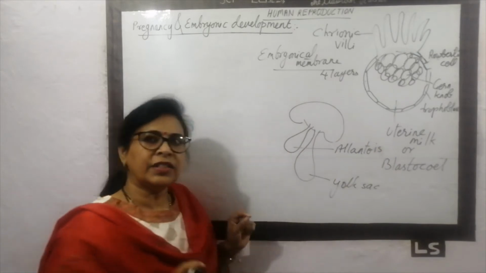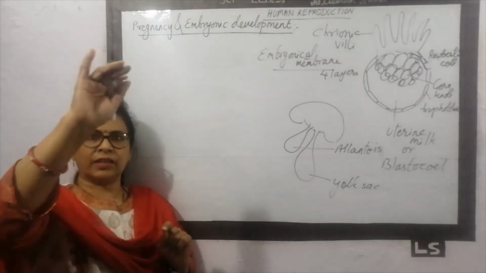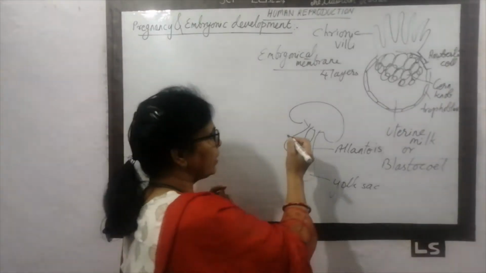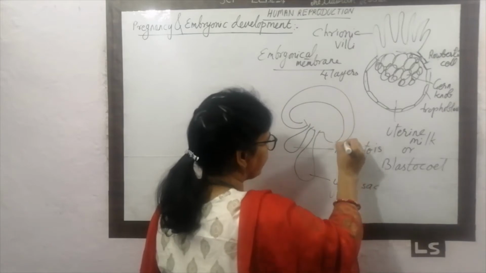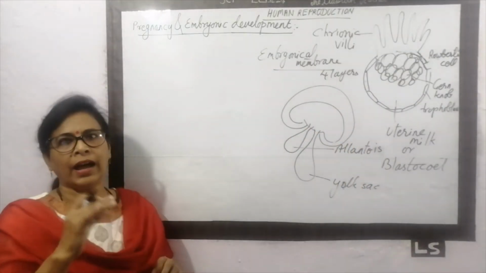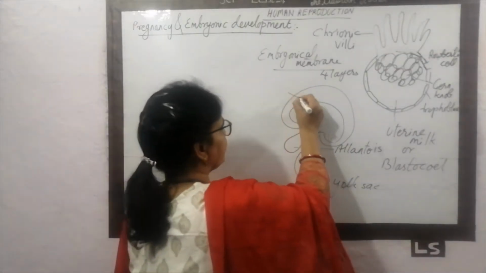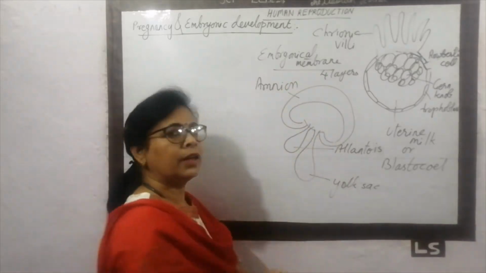The third layer, which is present here, actually covers the embryo sac like this, the whole embryo sac is covered, and that is called the amnion. This is the third layer, the amnion.